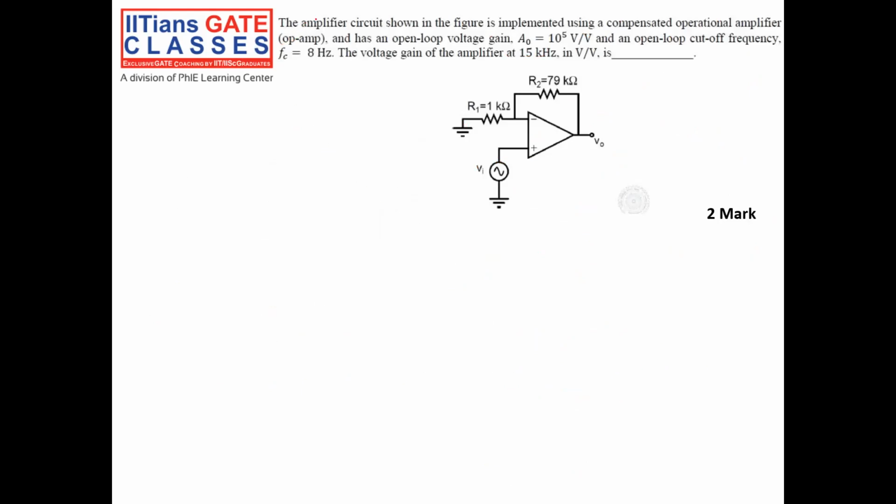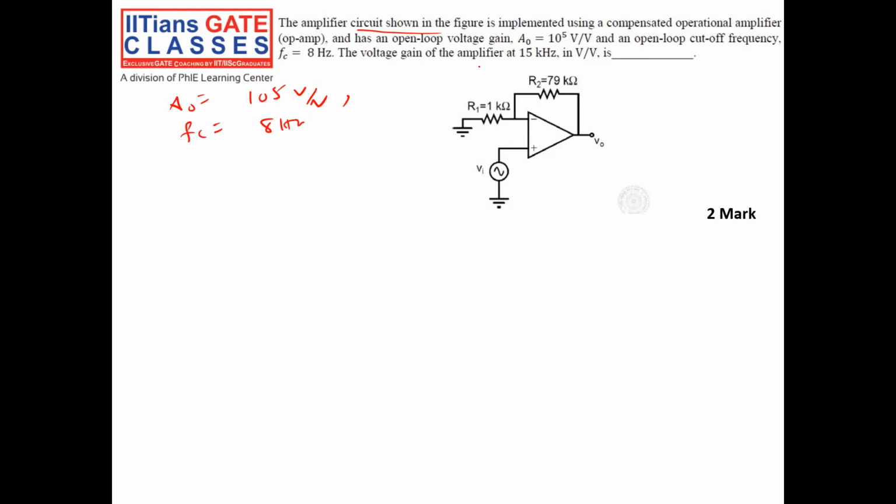The amplifier circuit shown in the figure is implemented using a compensated operational amplifier. The op-amp has an open loop gain A0 of 10 power 5 volt per volt. The open loop cutoff frequency, without the feedback resistor, when it is in open loop, FC is 8 hertz.